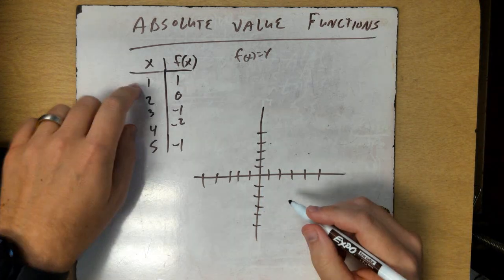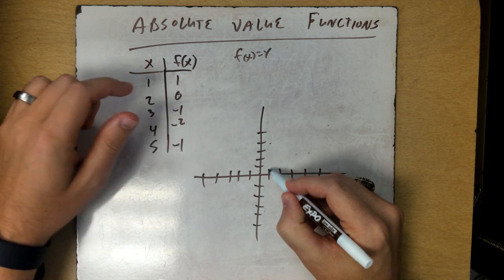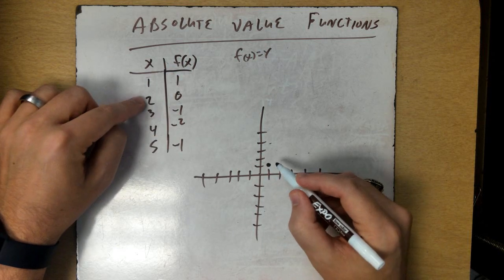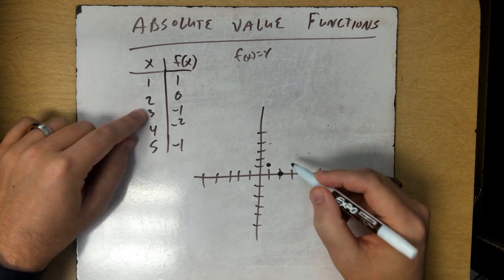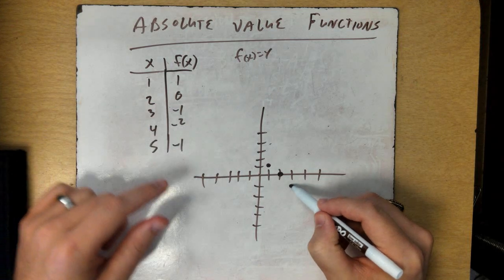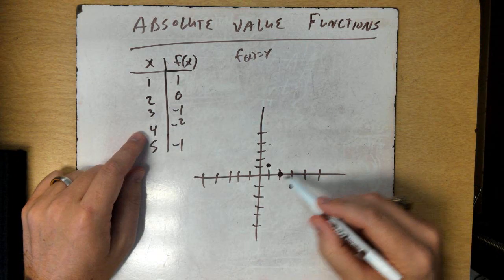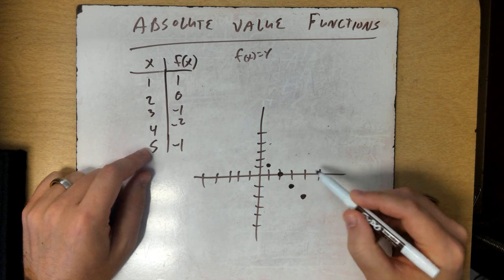First point, 1, 1. So we go right 1, and then up 1, so here. 2, 0, so 1, 2, and then it stays on the graph. 3, -1, so 1, 2, 3, and then down 1. 4, -2, 1, 2, 3, 4, down 2. And 5, -1.